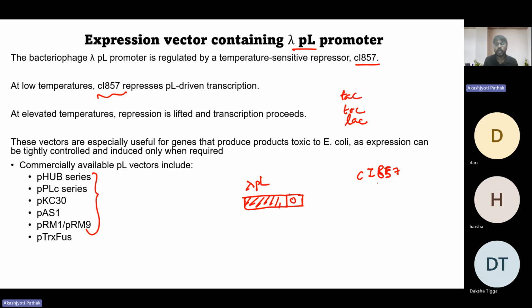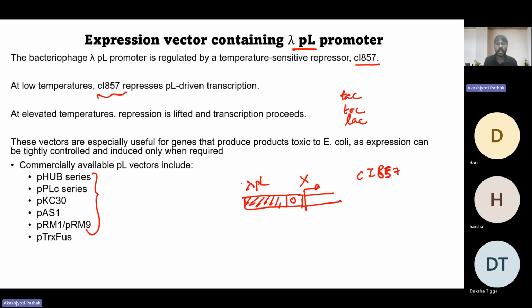This promoter is a temperature sensitive promoter, which means what? That this CI857 repressor protein will be produced at low temperature. When you keep the bacteria at low temperature, this repressor protein will get expressed, and it will not allow transcription. There will be no transcription.